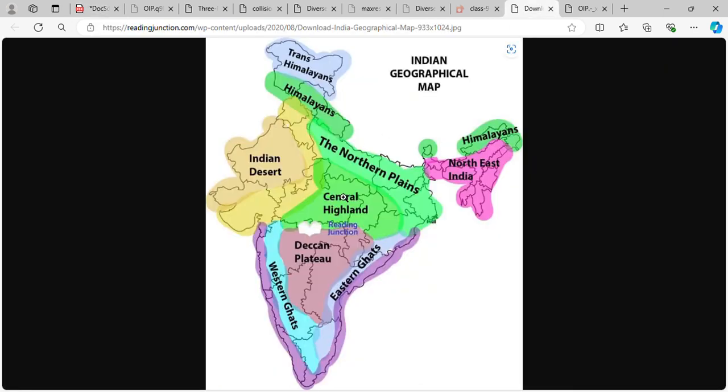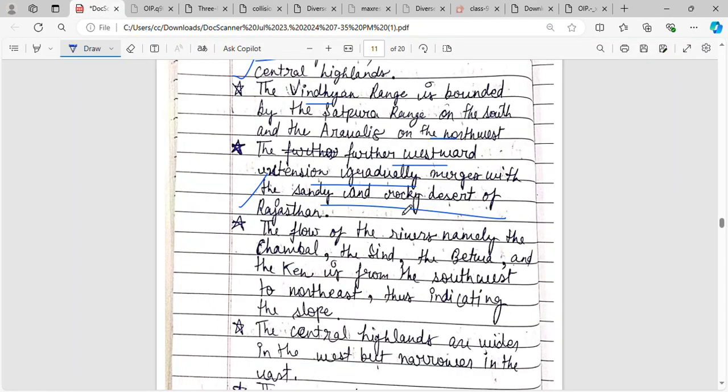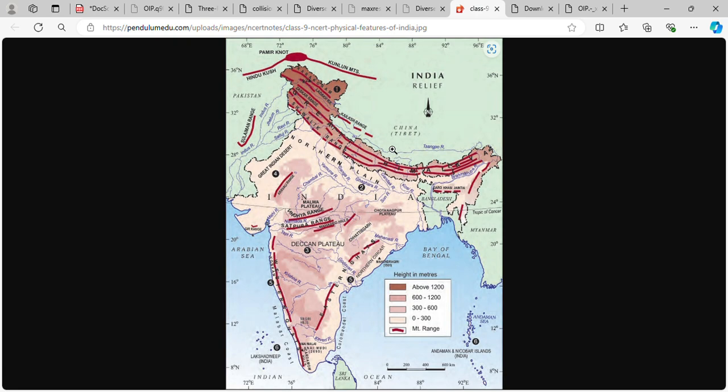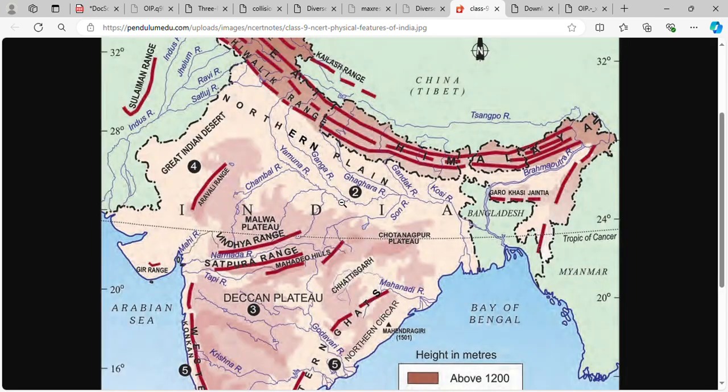When we go further westward, this area merges with the sandy and rocky deserts of Rajasthan. Then the flow of rivers, namely the Chambal, Sindh, Betwa and Ken, is from the southwest to northeast, thus indicating the slope. This point of slope is very, very important.